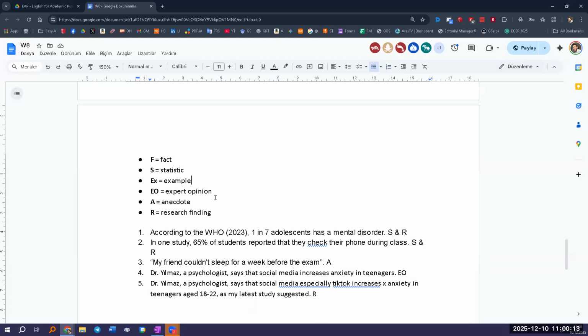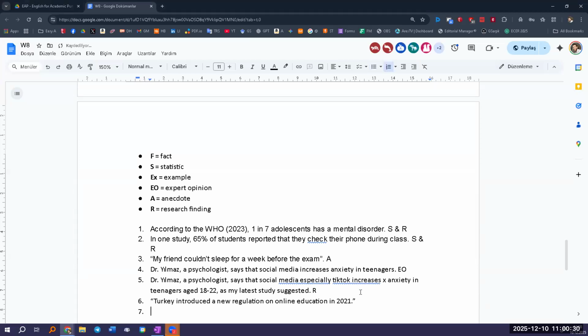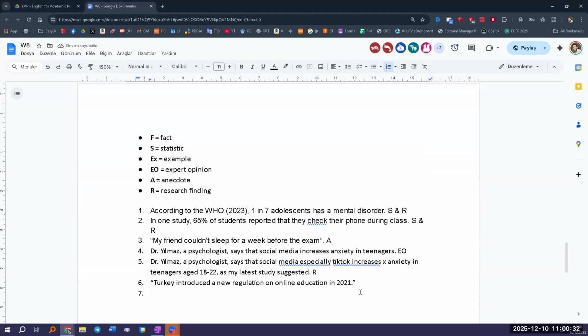It's not an expert opinion. There's no opinion here. It's the result of the study, not an anecdote. It's a research finding. Turkey introduced a new regulation on online education in 2021. It's a fact, yeah.